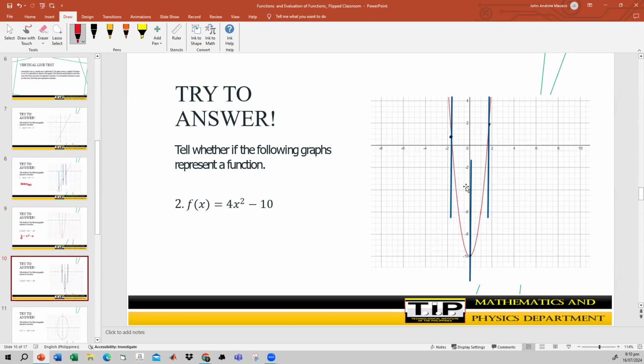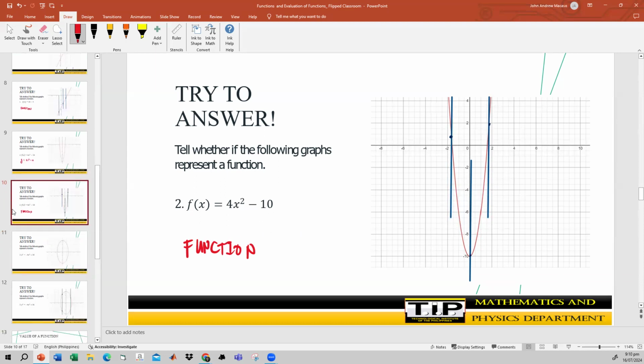Same as with the first example, this will be considered a function because the vertical line will touch only once in the given graph. So this parabola will be considered a function as well.